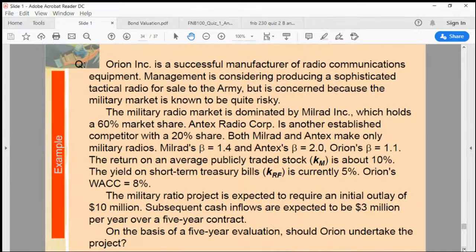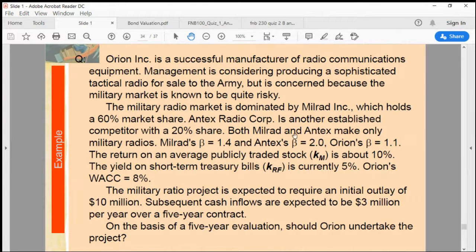So let's take a look at this example. Orion Inc. is a successful manufacturer of radio communications equipment. Management is considering producing a sophisticated tactical radio for sale to the Army, but is concerned because the military market is known to be quite risky.